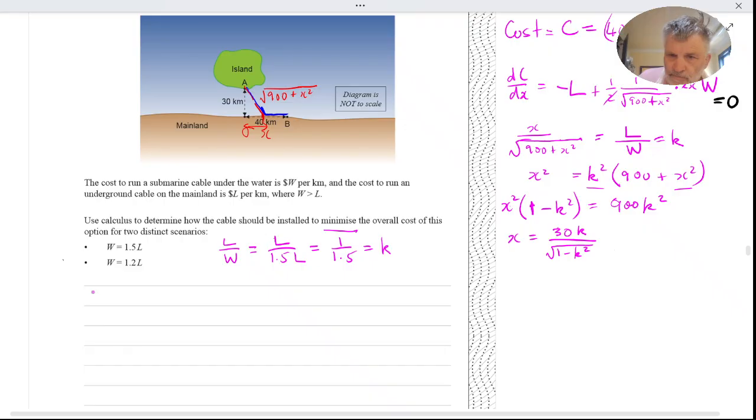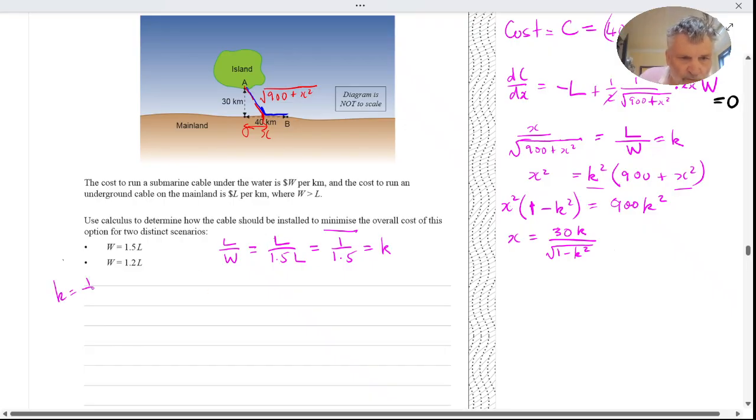Let's put in our values of k. So k equals 1 over 1.5. What happens? We get x is 30 times 1 over 1.5 over the root of 1 minus 1 over 1.5 squared.